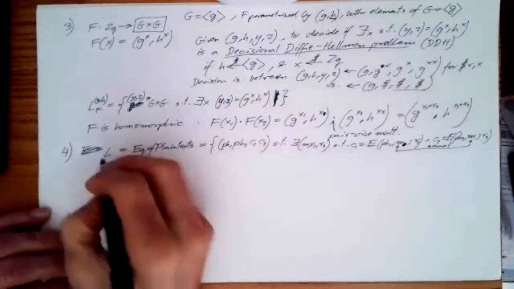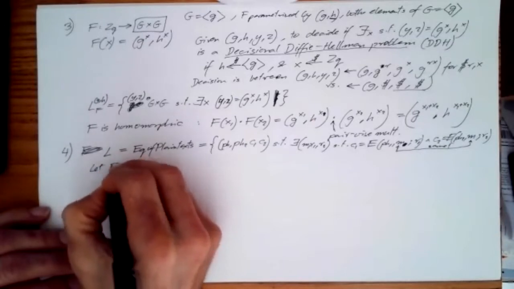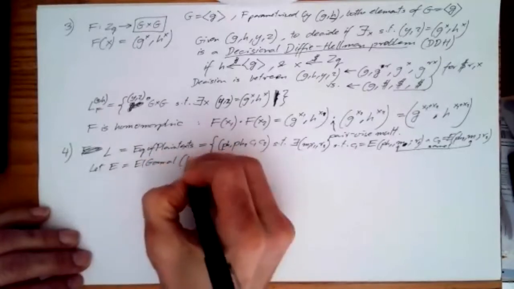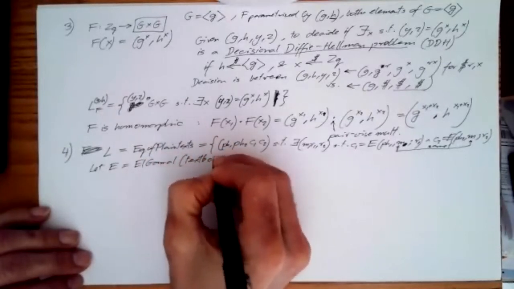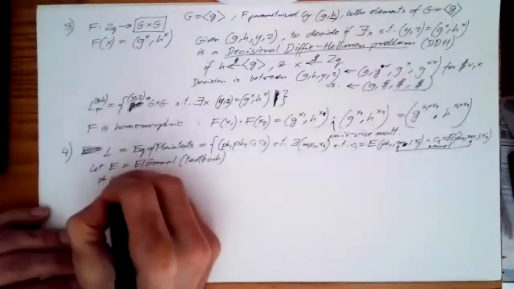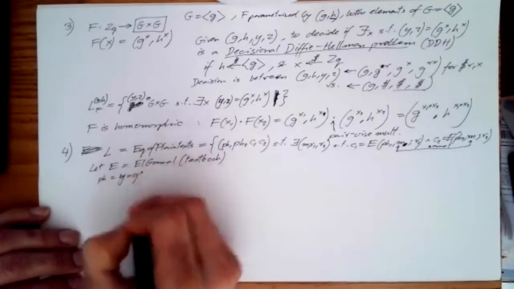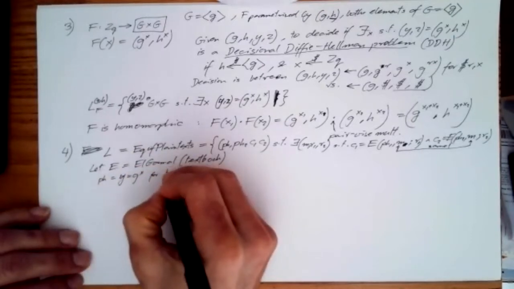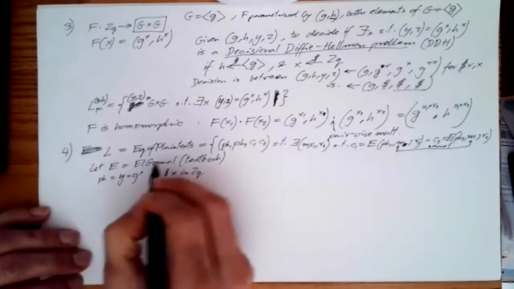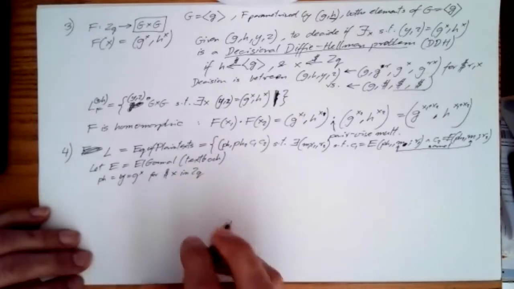Okay, let E be ElGamal, textbook ElGamal. How does it go? The public key is y, which is g to the x for random x in Zq. So that's ElGamal. ElGamal is Diffie-Hellman, but viewed as a public key encryption.